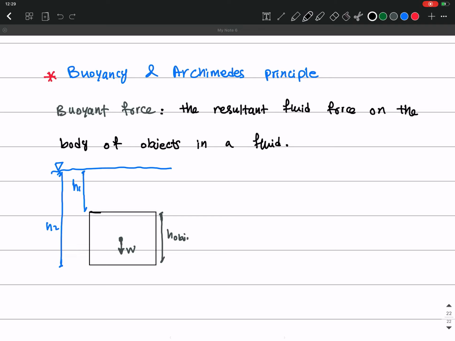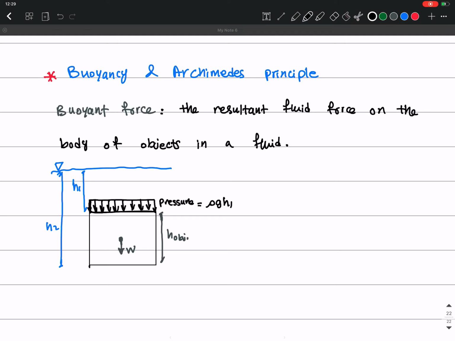On this plate we have these small pressure forces with the amount of rho g h1, right?